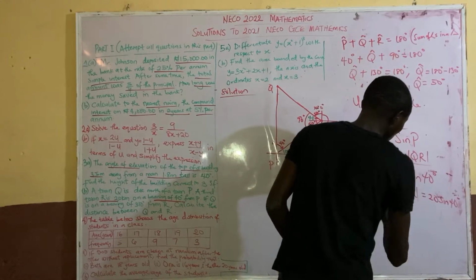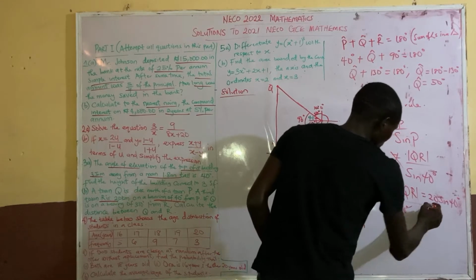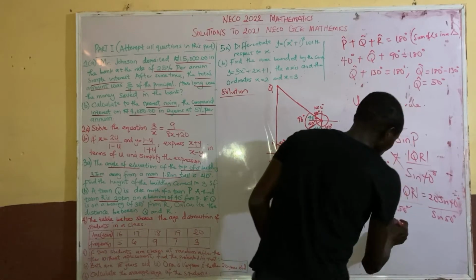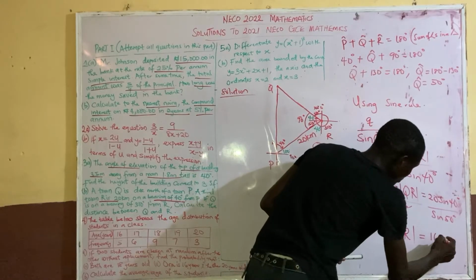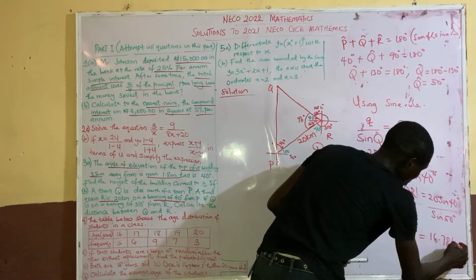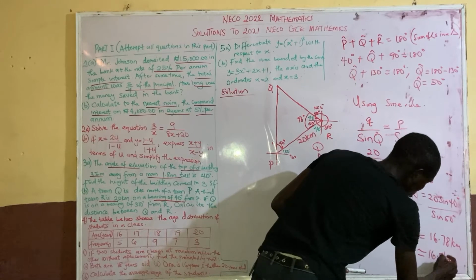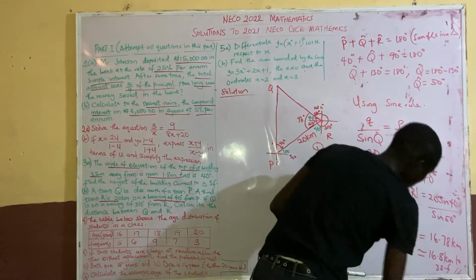So you can divide both sides by sine 50 degrees. QR equals 16.78 kilometers, so approximately 16.8 kilometers to three significant figures for the final answer.